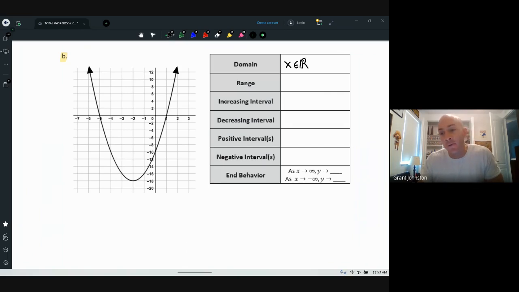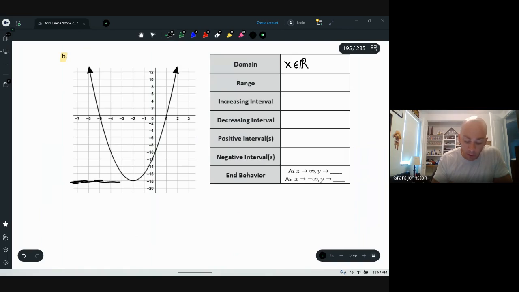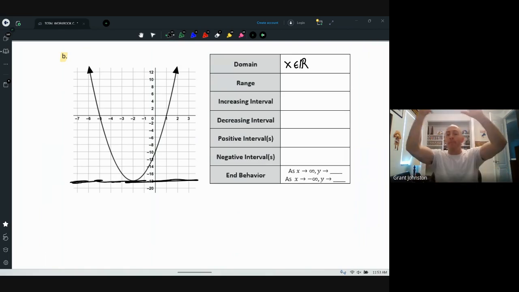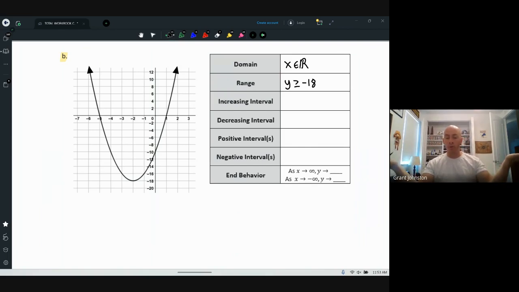But that's not the case for the range. The range is never going to go below -18. The y is -18 and up. So for the range, we can state that y needs to be greater than or equal to -18. If it was below -18, we'd say less than or equal to -18.